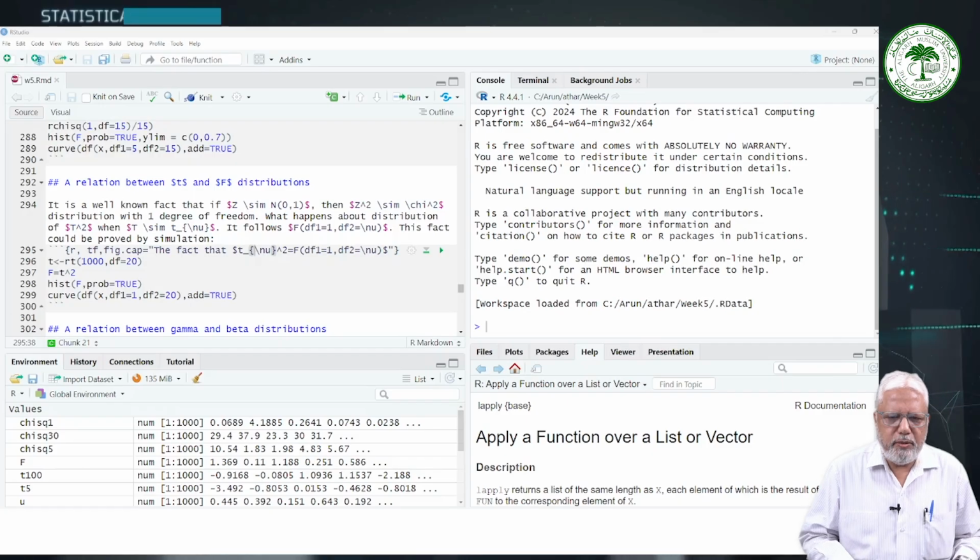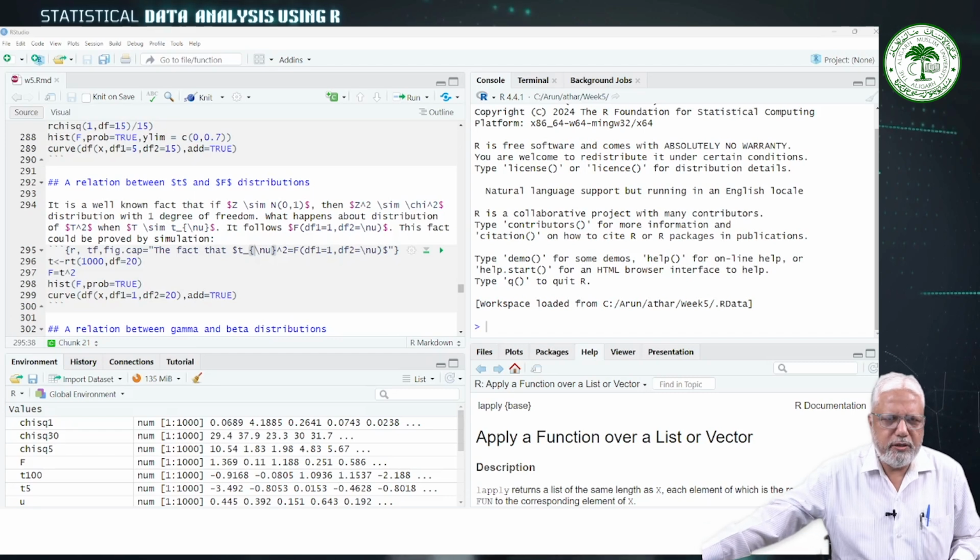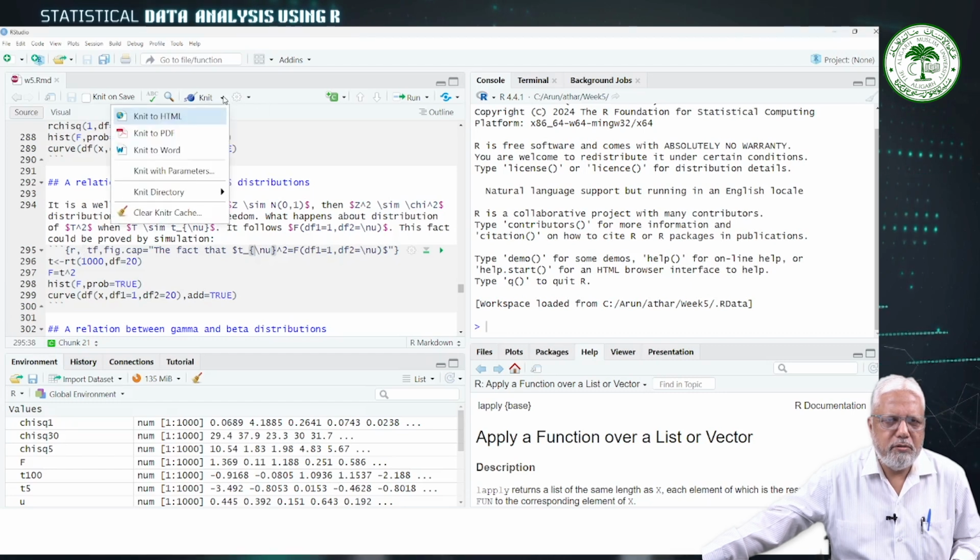Well, my dear participants, I have made certain changes in the file. So, I would like to run the document so that the PDF can be generated. I will go to the knit button and then knit to PDF.